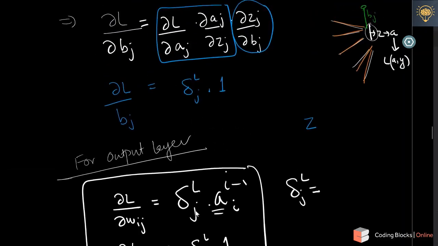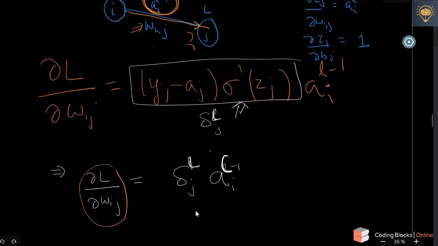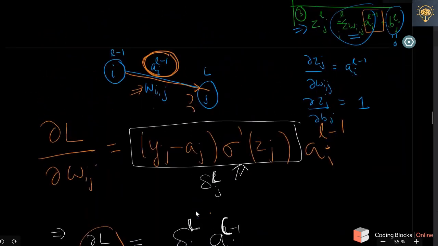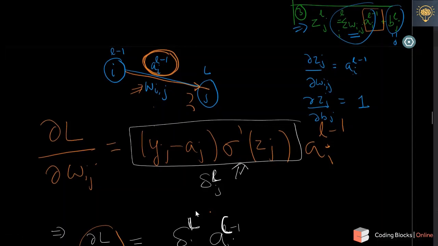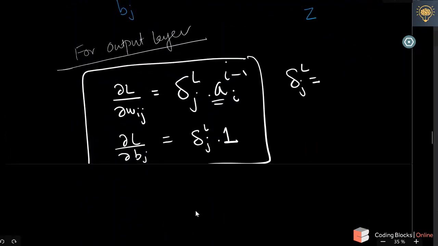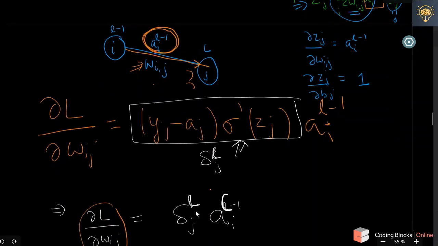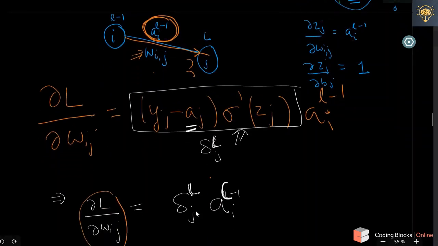And we have already defined delta Lj as what we defined above. So delta Lj is defined as Yj minus Aj into sigma dash of Zj. Yeah, I think I made a small mistake here. We also need to take the derivative of Aj, so it would be a minus here.